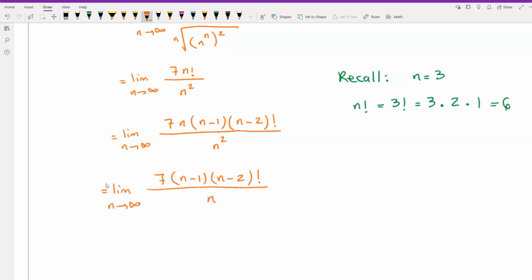Now finding the limit, first I simplify. This is equal to the limit as n approaches infinity of 7 times n minus 2 factorial, and then we have n minus 1 over n. So n divided by n is 1, minus 1 over n.